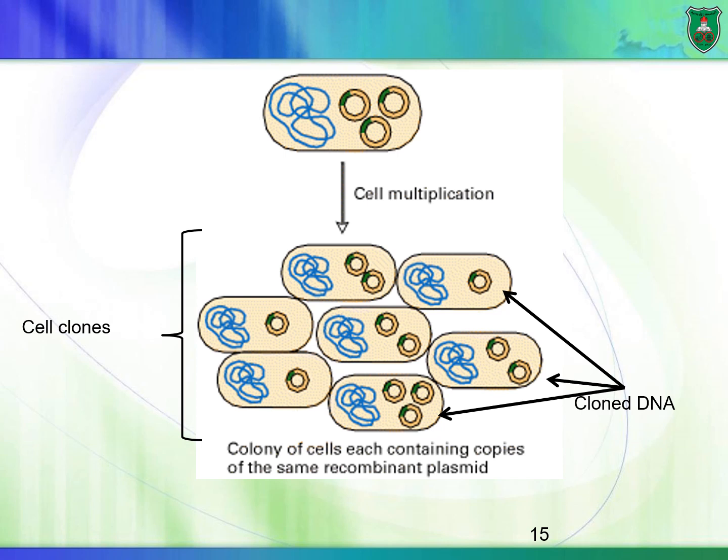So you can imagine that if I start with one bacterial cell having one plasmid, after 24 hours, let's say, I'm going to have millions of bacterial cells because they grow really fast. If each one of them has 5 plasmids, we're talking about 5 million copies of the same exact plasmid. And that's how we clone DNA.